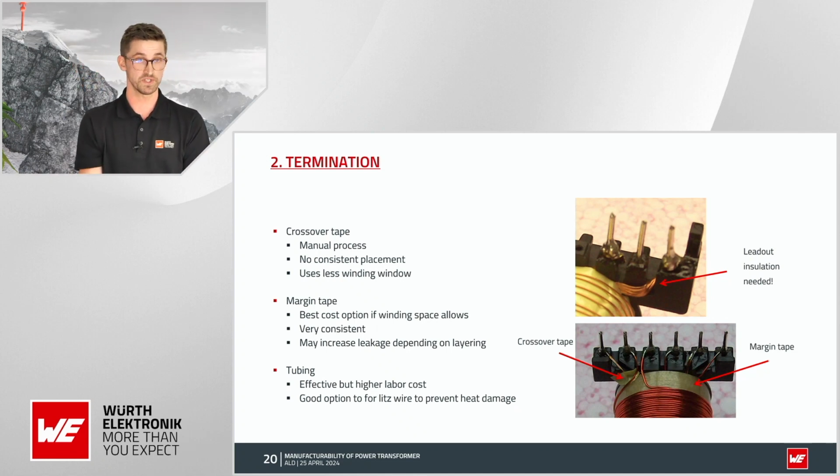It is very consistent because it can be applied by machines, but it may increase leakage inductance depending on the layering. And the third option, which is not shown here but in the next slides, is tubing, which is the most effective but also the one that requires higher labor cost. It is also a good option for lead wire to prevent heat damage during soldering.